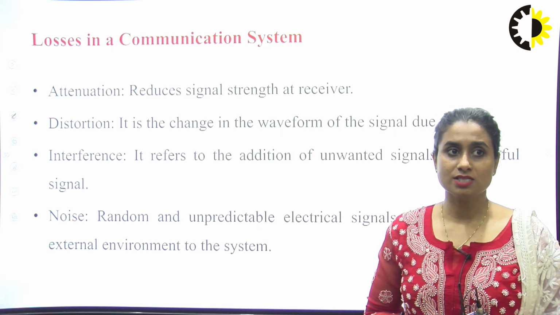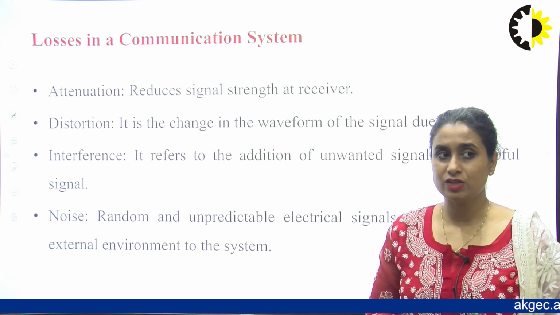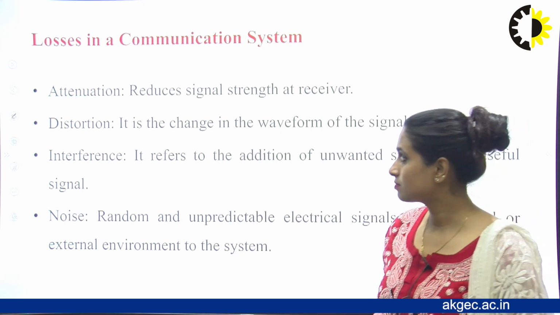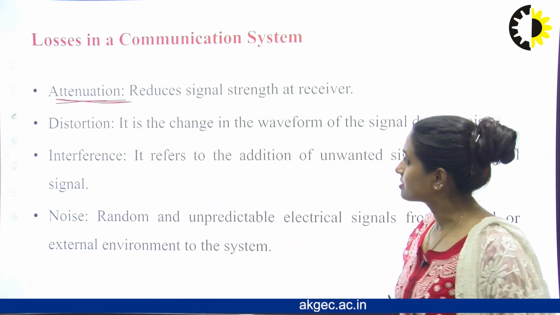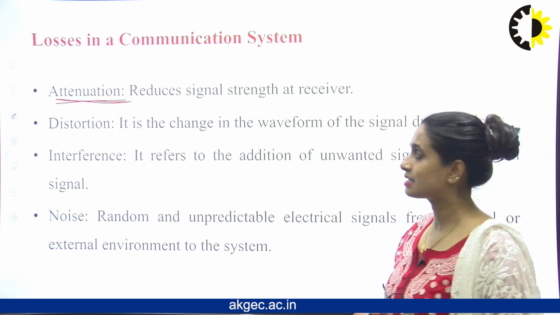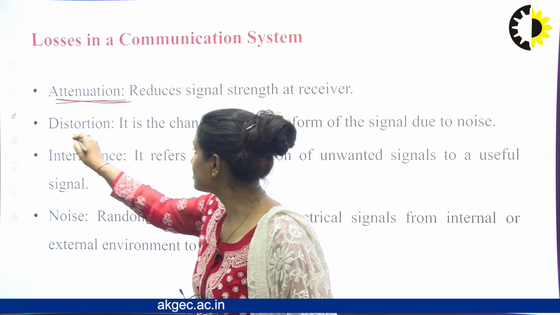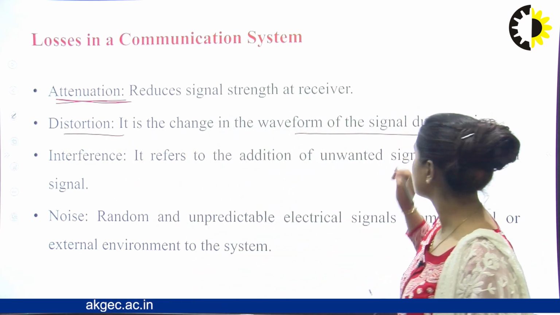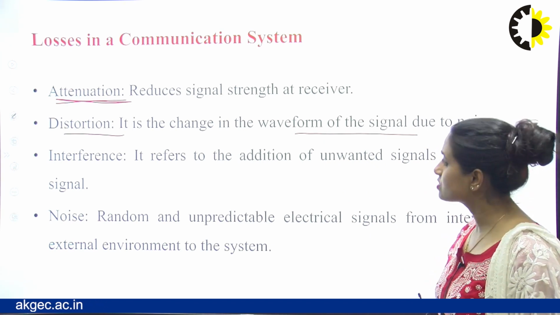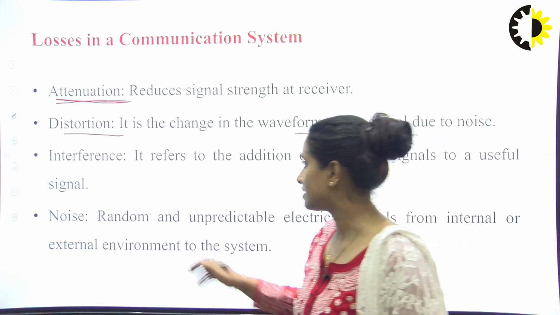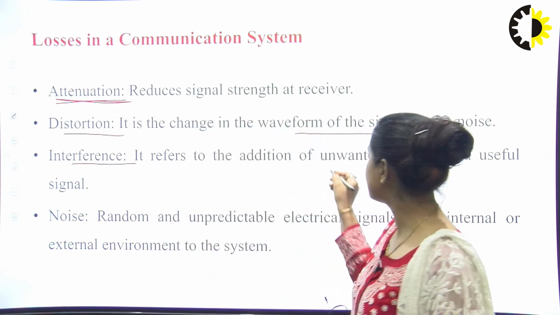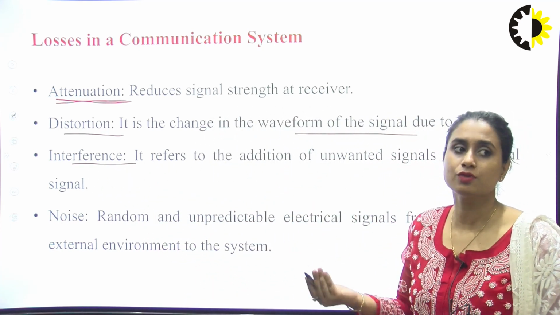There are certain losses in a communication system like attenuation. What is attenuation? Attenuation is the reduction in signal strength at the receiver. Next is distortion. It is the change in the form of the wave due to some noise. Change in its form. Interference refers to the addition of an unwanted signal, addition of noise.